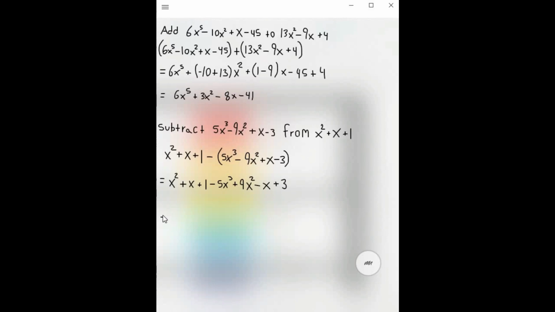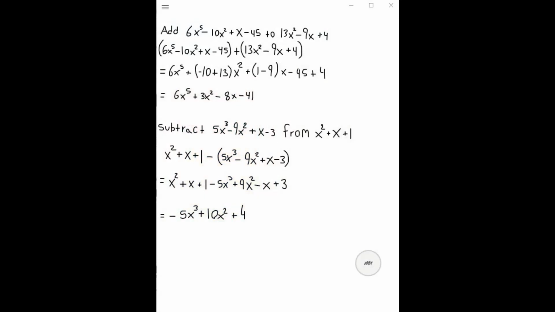Then we're going to add the like terms together. So 5x to the 3, there's no like term, so we'll keep that by itself. To get 9x squared plus x squared is 10x squared, because we're basically adding 9 plus 1. And then at this point just adding 1 plus 3, which is 4.